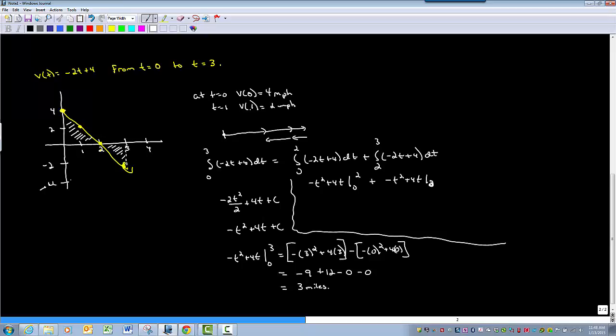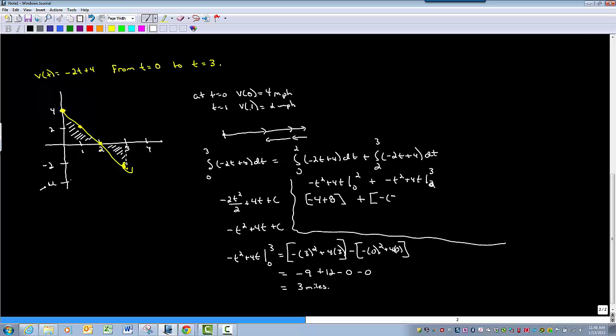Let's see if I can fix that. Here's 2. There we go. So let's plug that in here. That's going to be negative 4 plus 8 when I plug the 2 in, minus 0, plus, now this one's going to be a little bit harder. We'll plug the 3 in here first.